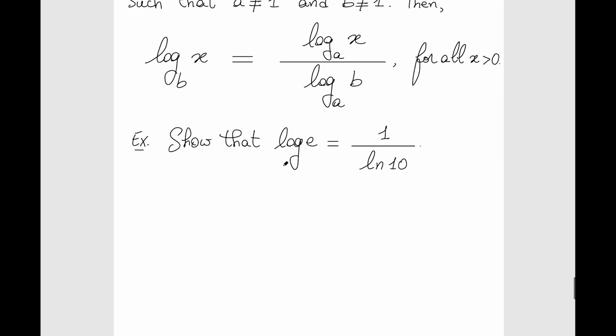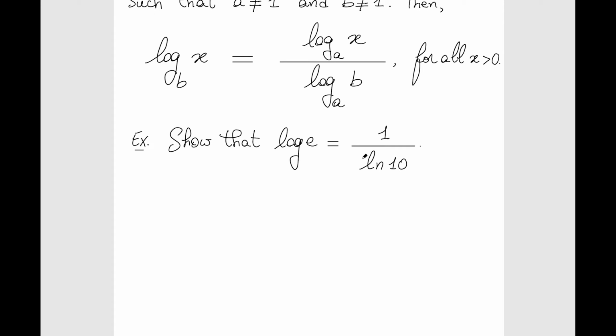Next example, show that these two are the same. Well, this means log base 10 of e is equal to 1 over log base e of 10. This is log base e of 10. So apparently I'm going from base 10 to base e, right?